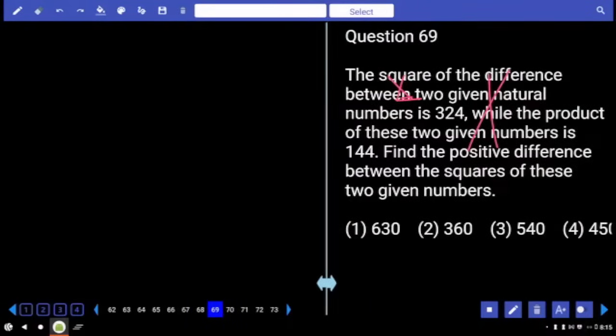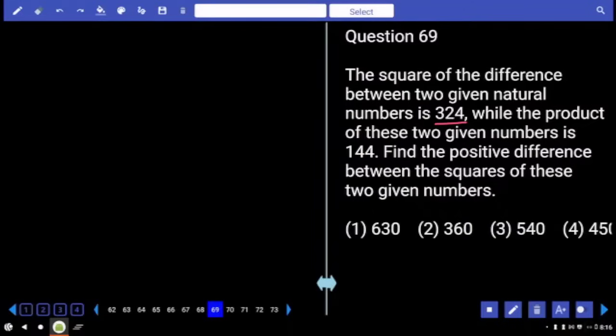The square of the difference between two given natural numbers is 324. There are two numbers, let's say x comma y. What is this 324? The square of the difference of those numbers.